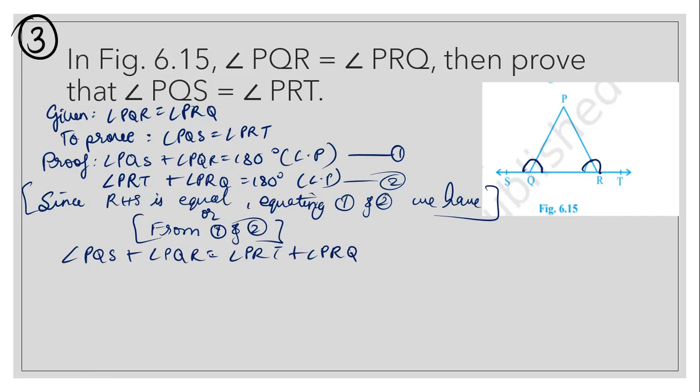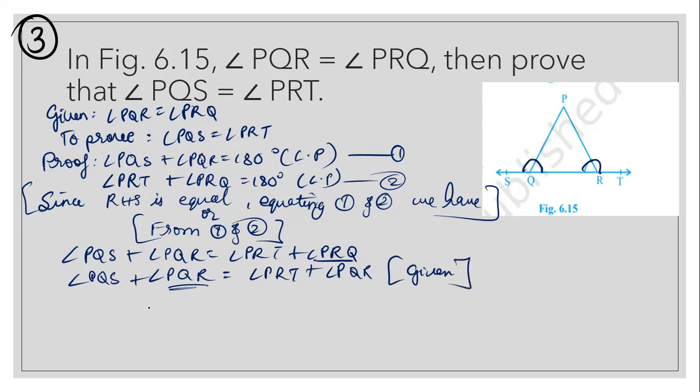Okay, so do you find anything common here? Now we know that angle PQR is equal to angle PRQ. So can I rewrite this as angle PQS plus angle PQR is equal to angle PRT plus angle PQR? Yes, this PRQ can be converted into PQR because as given. So now these two are common on both sides. Angle PQS is equal to angle PRT.